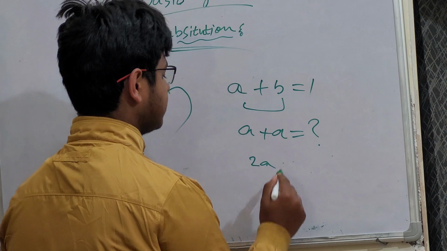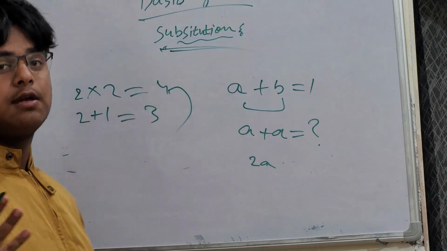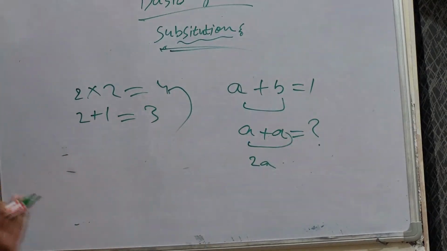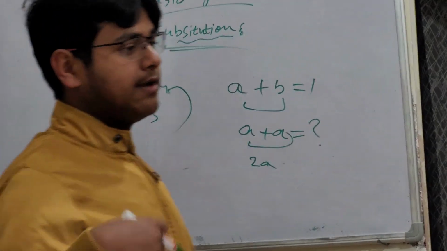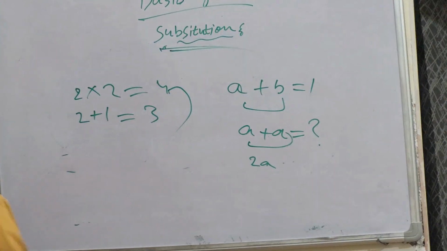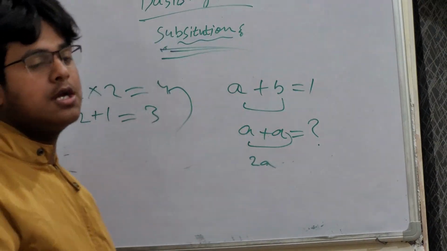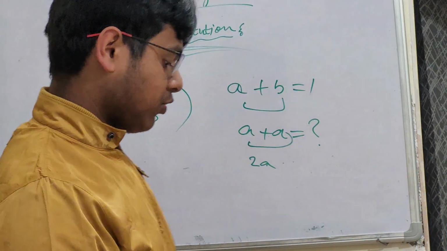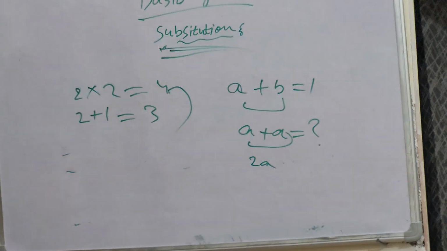We have to add it like this. In algebra, basically, we have to add the variables, not numbers. From the variables, we have to find the solutions. As the name indicates, substitution means you have to substitute the value in the given question. So let's start with some examples.